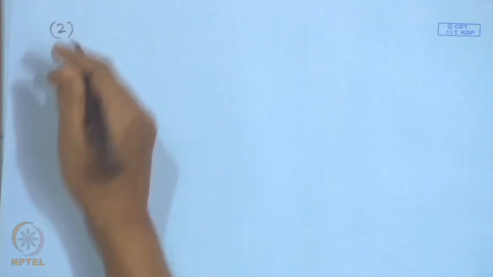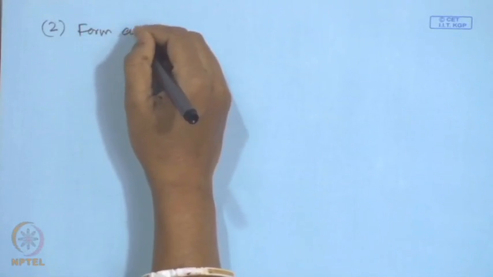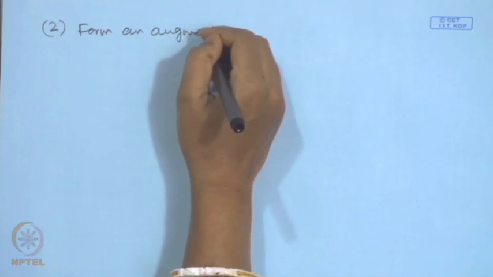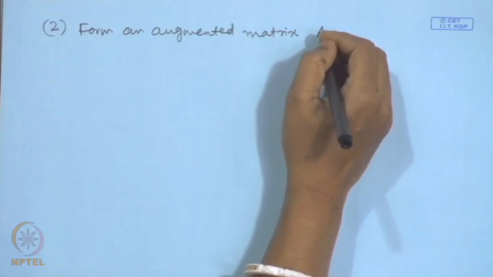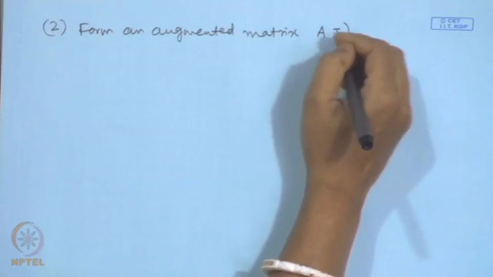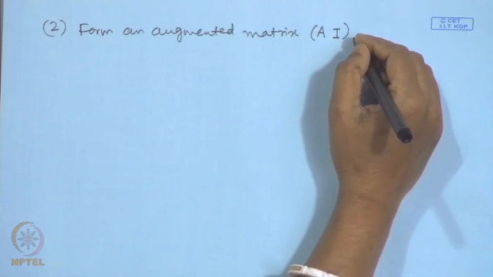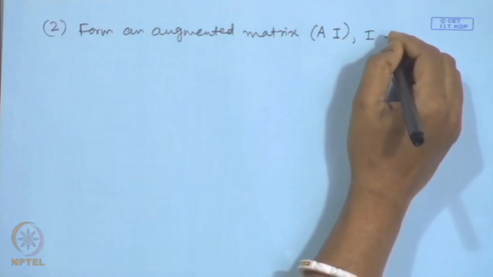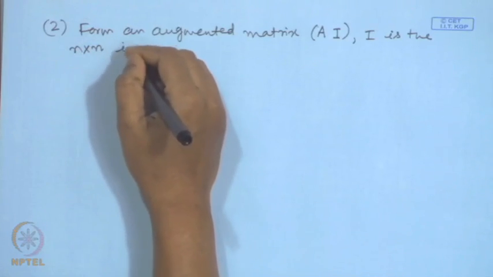So, the second step is like this. Here we form an augmented matrix [A | I], where A is the given matrix and I is the n by n identity matrix.